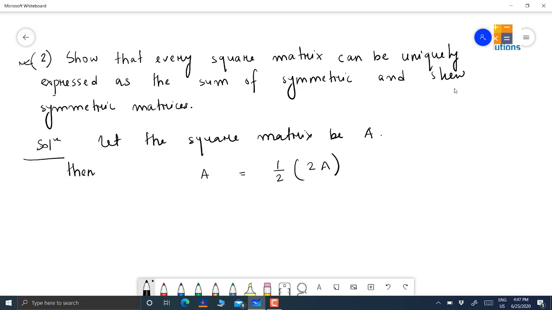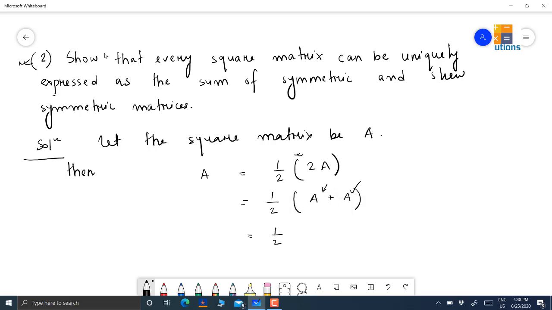For that, first of all, I have to write half into twice of A. If I remove this bracket, then this 2 and 2 will get cancelled, and what is left behind? Only A. Then again, if I try to break it up, it will give us A plus A. Now I am going to put plus A dash, I mean transpose of A, and minus transpose of A here. Means in the way half of A plus A dash.